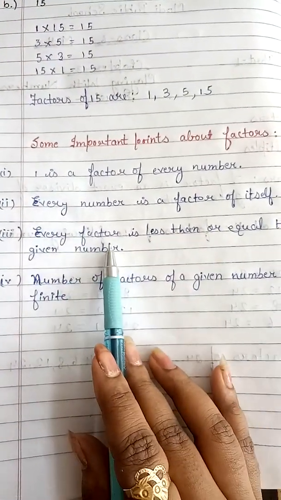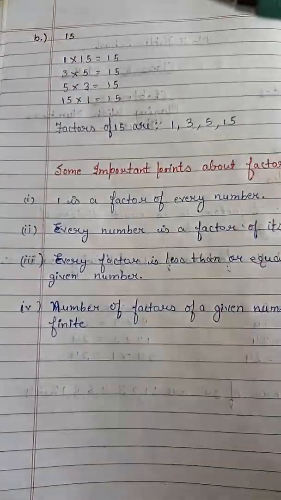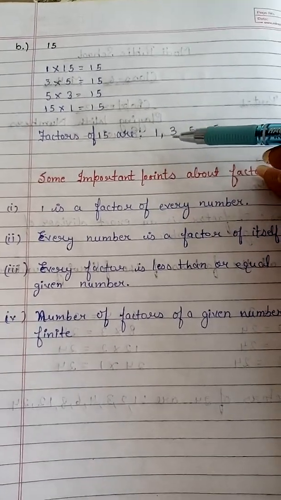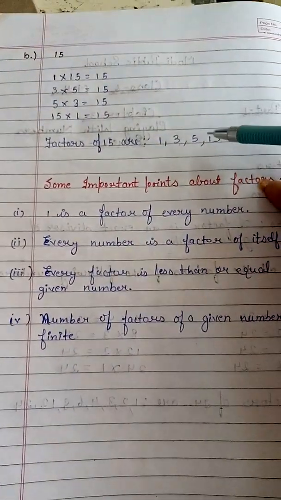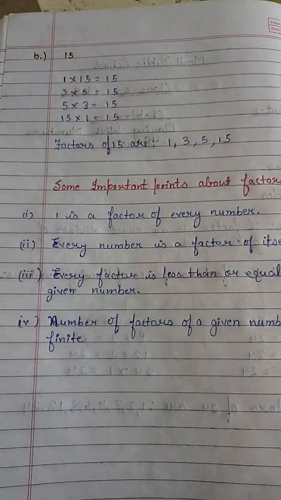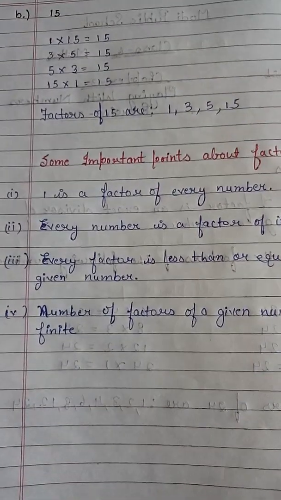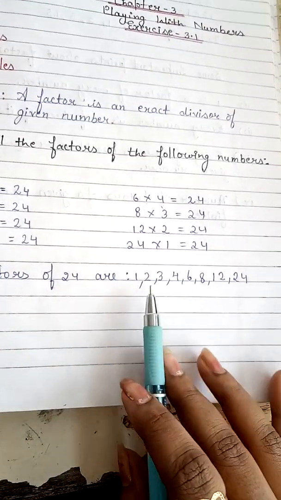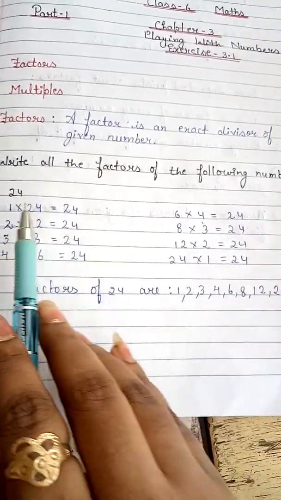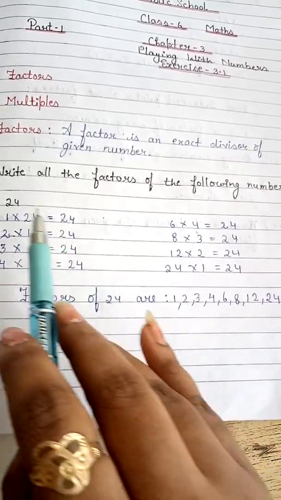The third point is that every factor is less than or equal to the given number. Here you can see that the factors 1, 3 and 5 are less than 15 and 15 is equal to 15. In the earlier example also, all the factors are less than 24 and the last one is equal to 24.